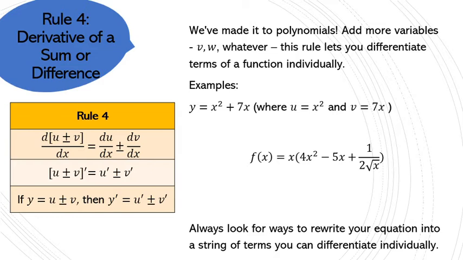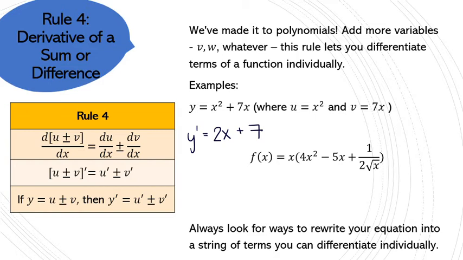Well, we like to rename our functions as something else. So we have a u and a v, an f and a g, whatever. But we can do it separately. So if we were to do this, y prime, the derivative of x squared is 2x, moving quickly now. And the derivative of 7x is 7. Done. And you can do that in chunks.